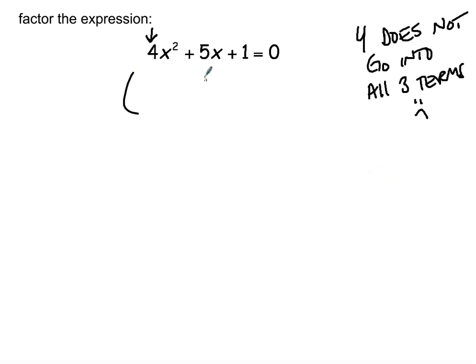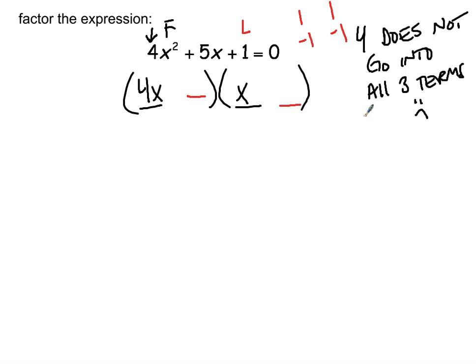All right, so set up your two sets of parentheses. The first two terms have to give us a 4x squared. So let's try a 4x and an x. The last two terms have to multiply to give us a 1. Since it's positive, they'd either both have to be 1s or both be negative 1s.